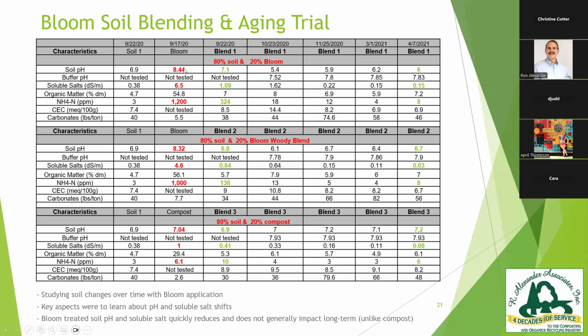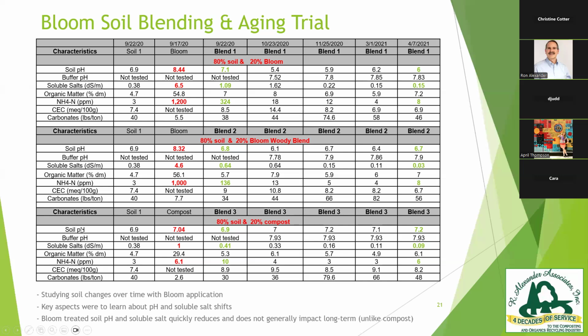We add the Bloom, the pH goes up, and then it drops back down and it stabilizes not far off. There's 6.9 to 6, and if you look at the Woody Blend, it's 6.9 to 6.7. So basically what this means is the Bloom products do not have a strong buffering capacity. Even though it looks like their pH is a little high, they don't strongly buffer the soil.